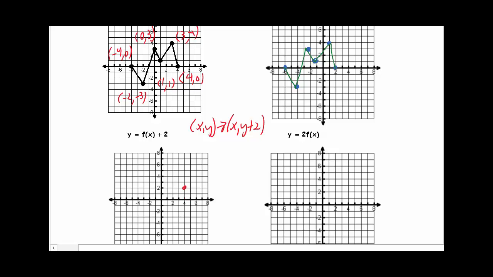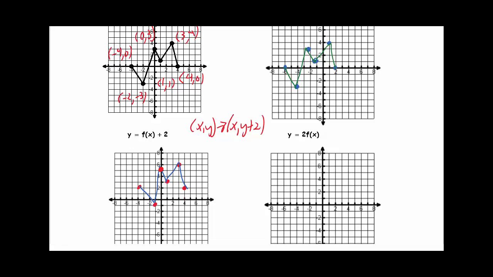So (4, 0) would be (4, 2). (3, 4) puts me at (3, 6). (1, 1), again, count 2 up. (0, 3), count 2 up. (-2, -3) puts me at (-2, -1). And (-4, 0) puts me there. And then I just got to connect my dots, and it should look like the same picture, just shifted up 2 units.